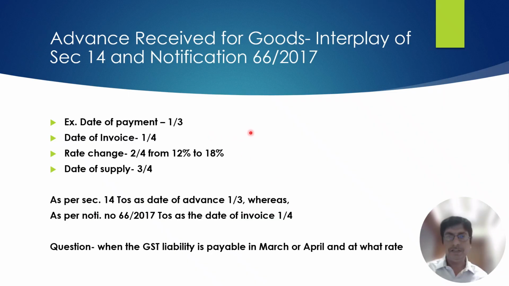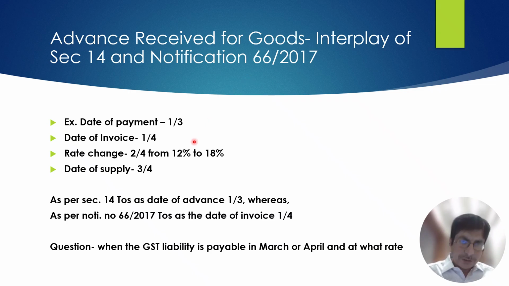This is really what we can say is tricky. A lot of interpretation is there in this case study. One of my friends told me that in cricket, this is really a Yorker. So what is this? The advance is received for goods, and there is a change in tax rate.